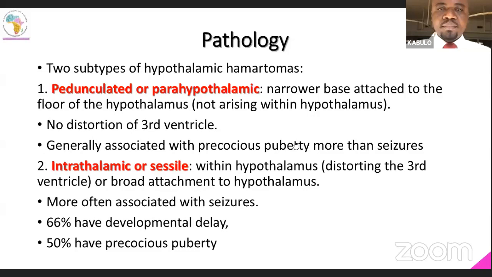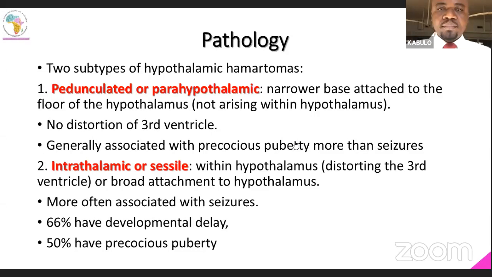Pedunculated or parahypothalamic: it has a narrower base attached to the floor of the hypothalamus, and it is not arising within the hypothalamus. With this lesion, there is no distortion of the third ventricle, and generally it is associated with precocious puberty more than seizures.